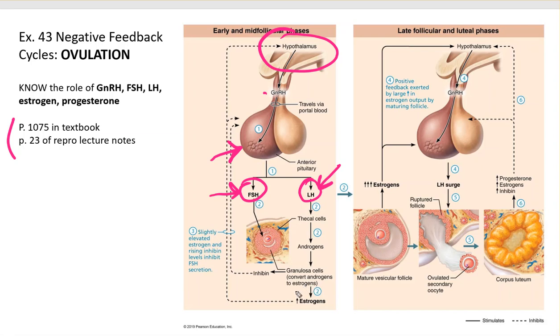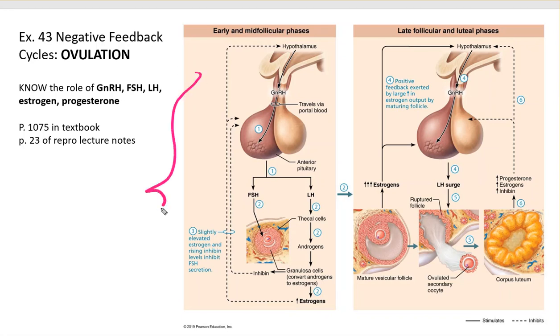Once we get to an increased level of estrogen in the blood, we'll start inhibiting and saying, hey, we don't need any more FSH. This is the beginning of the menstrual cycle, and this is later in the menstrual cycle. Your luteinizing hormone surges before ovulation.